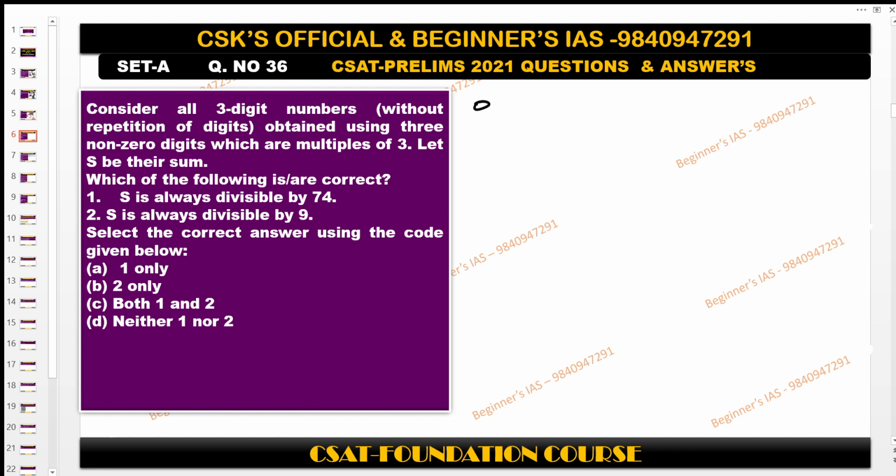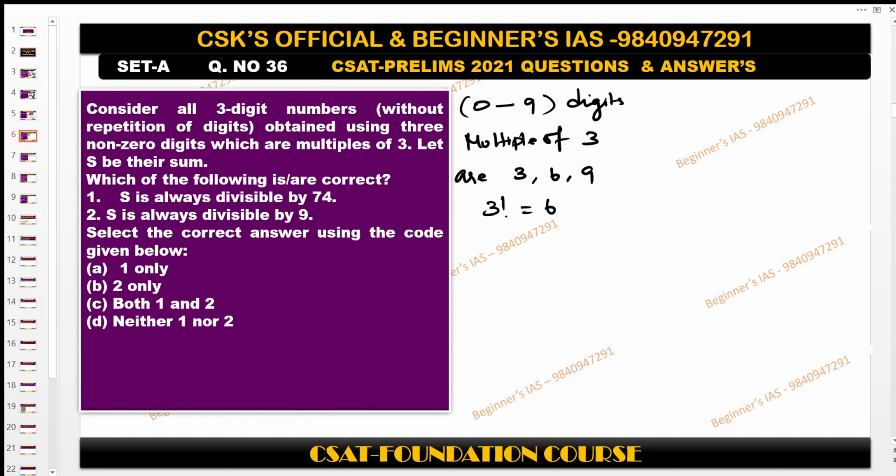First of all, the digits are 0 to 9. Then the multiples of 3 here are 3, 6, 9. So there are 3 numbers, therefore 3 factorial ways, which is nothing but 6.